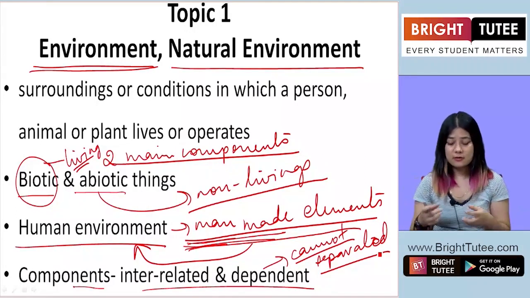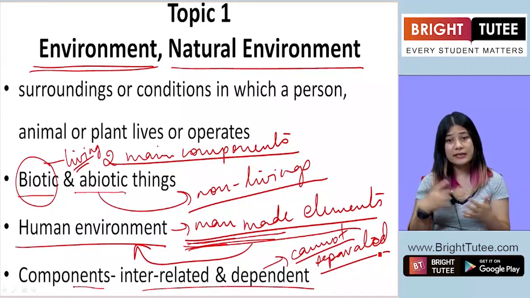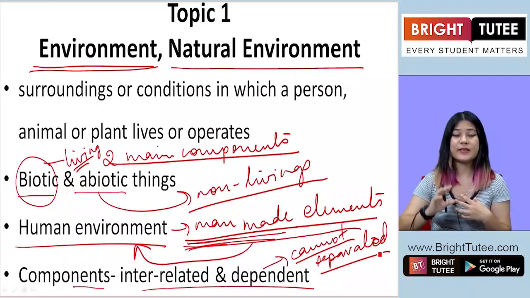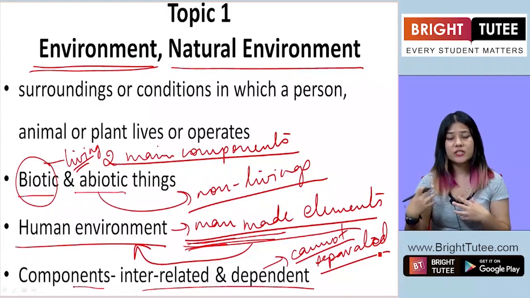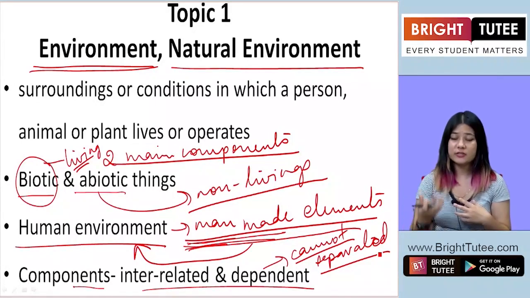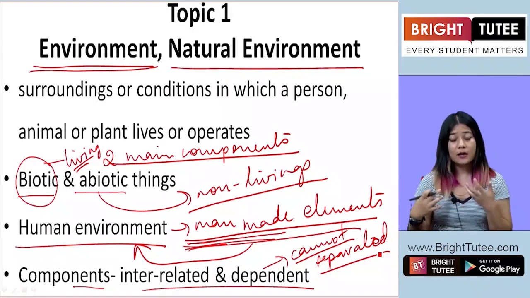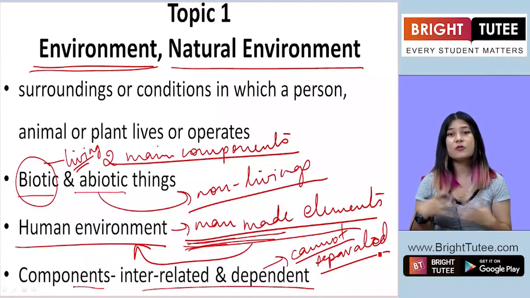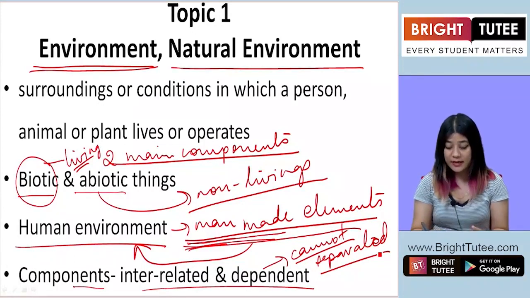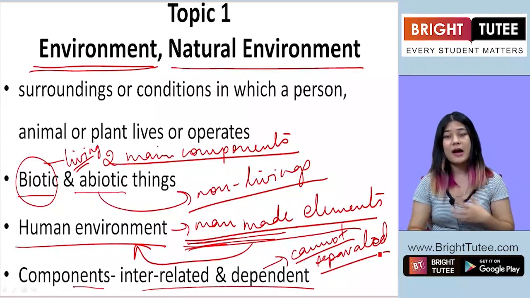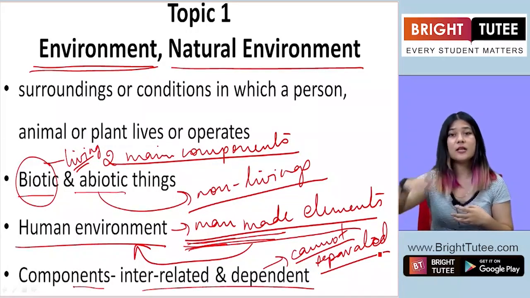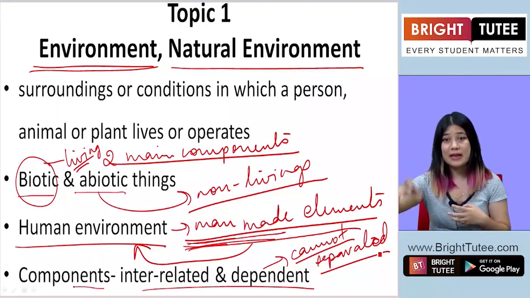If we do not have trees and plants which give us oxygen, then our lives come in danger. Human beings cannot exist. So here we are dependent on another component, which is plants, trees and forests.